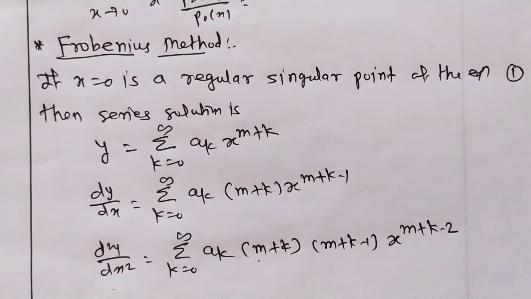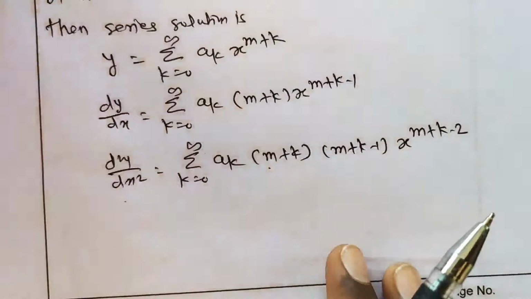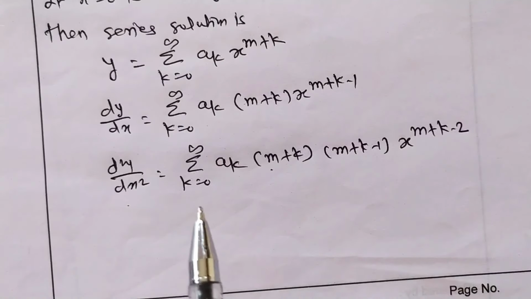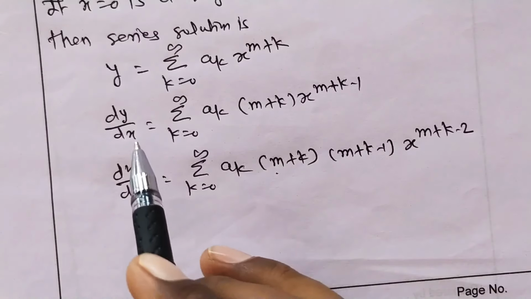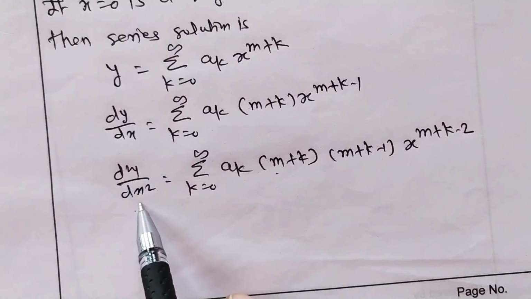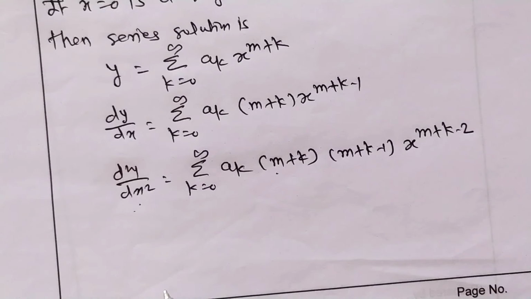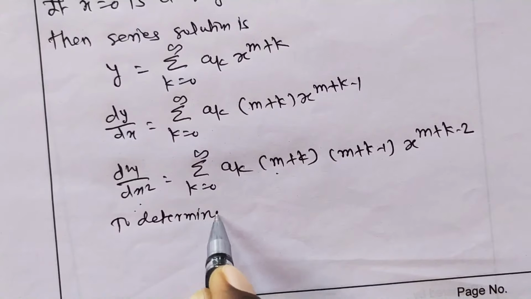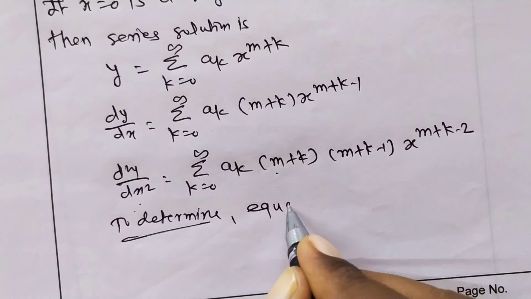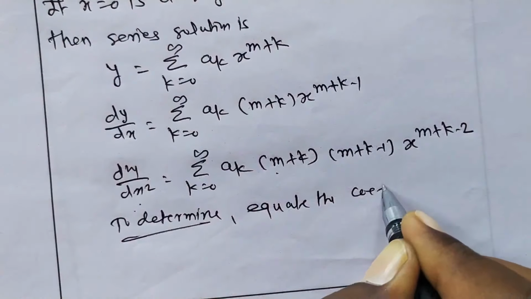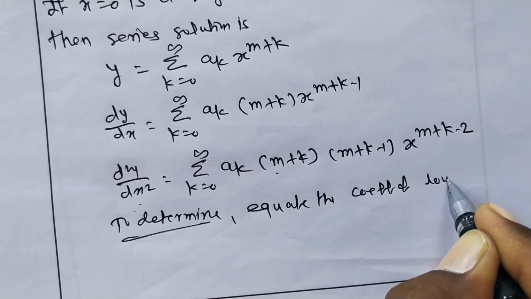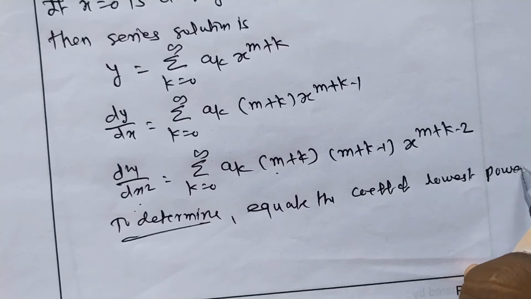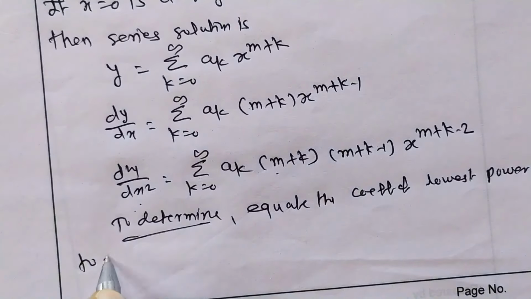In Frobenius method, first we have to find m, and the value of m will be determined by substituting y, dy by dx and d2y by dx square in equation 1, and on equating the coefficient of the lowest power of x to 0.